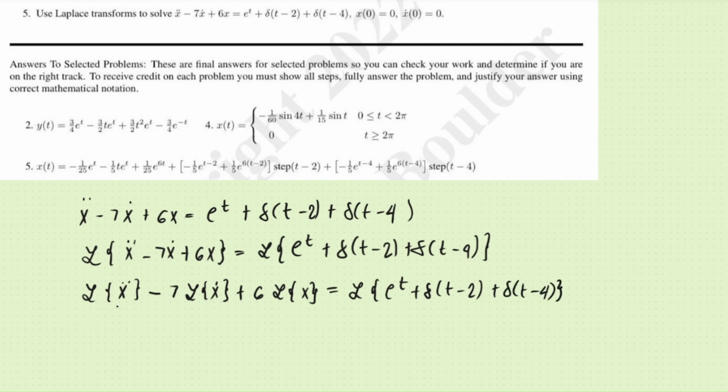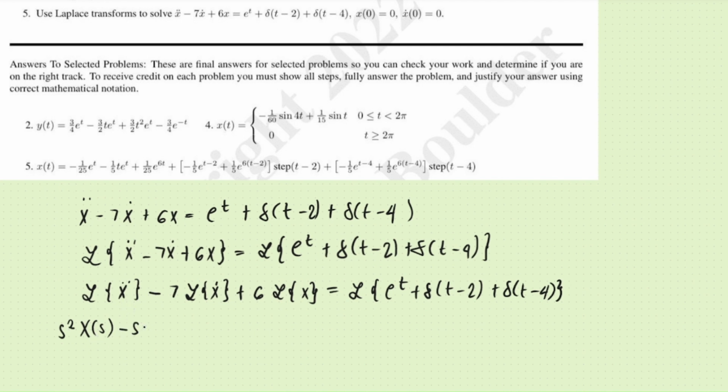Now let's take the Laplace of x double prime. The Laplace of x double prime is s squared X of s. Take note that your X when you're in the s domain should be in uppercase.